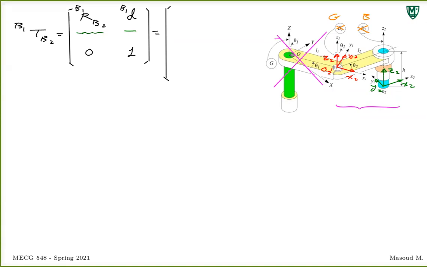What I'm trying to make you think about here is, see the red frame and see the green frame. What rotation, or what motion, a combination of rotation and translation, do you go through to go from the red frame to the green frame? If you figure that out, that helps you a lot with how to write even this matrix.